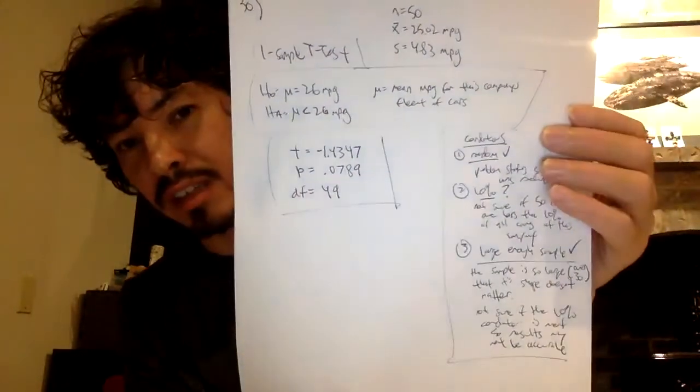We just need to state the conclusion. The p-value is 7.89%. How about we use alpha equals 0.05? So I'm going to say using alpha equals 0.05 with a p-value so high, we fail to reject the null.